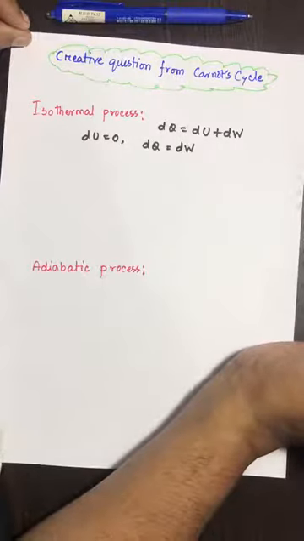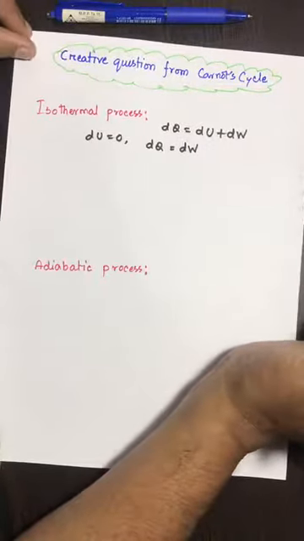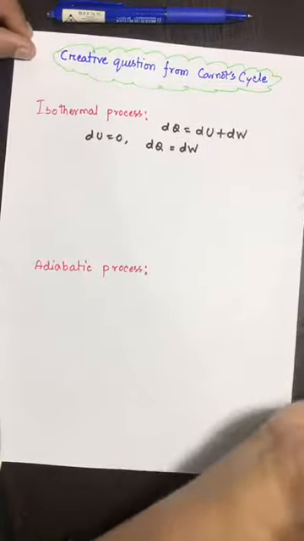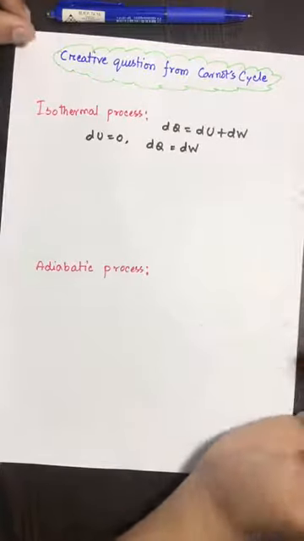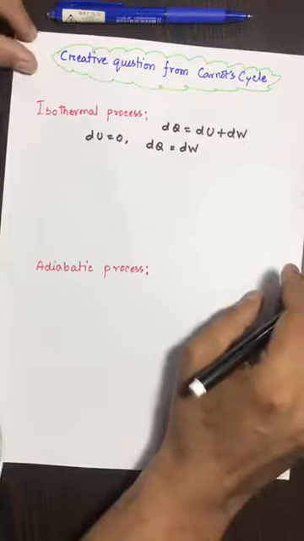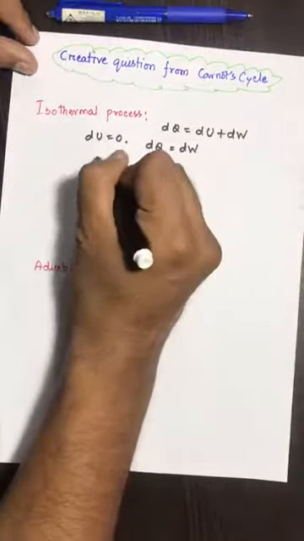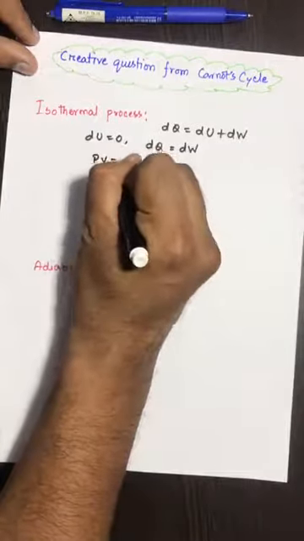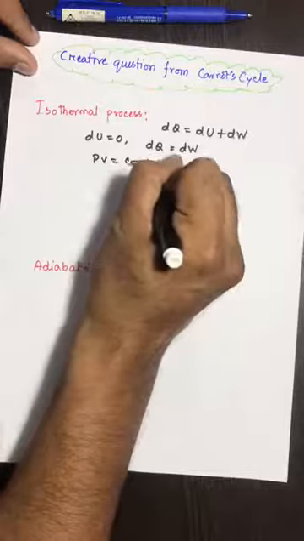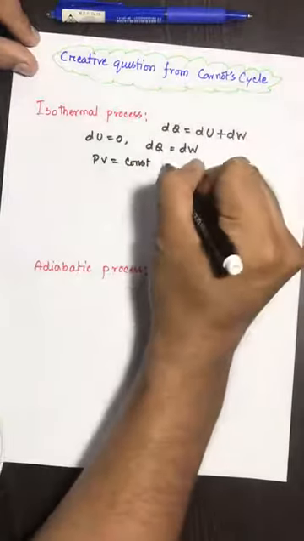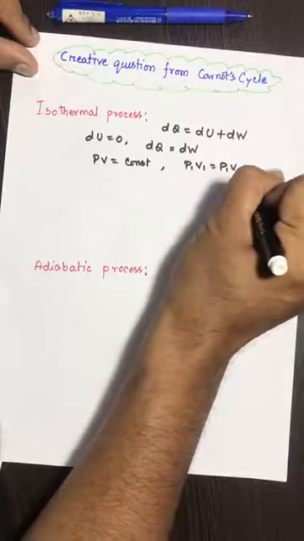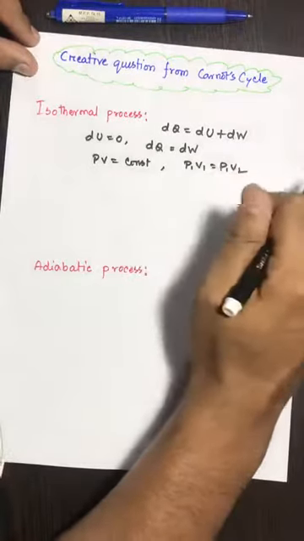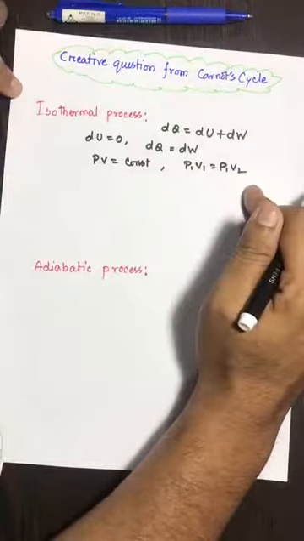So the isothermal process always follows Boyle's law: the temperature is constant, and the pressure is inversely proportional to the volume. So PV equals constant. We can write P1 V1 equals P2 V2. Be careful, you need to remember that only Boyle's law is used in the isothermal process.